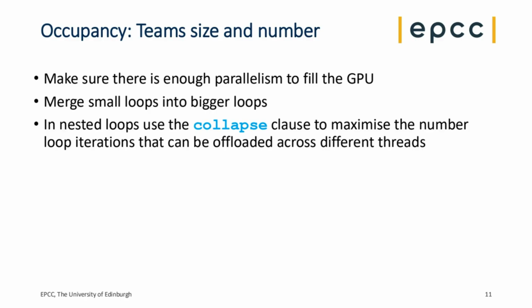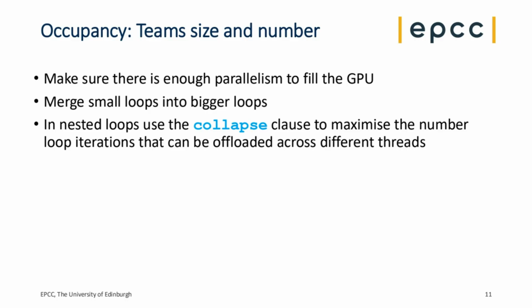So in general, you have to make sure there's enough parallelism to fill the GPU, and you may find that it's good to merge the small loops into larger loops. So there's enough work, then maybe the iterations will increase, and there's enough work to schedule to fill all of the compute units on the device.